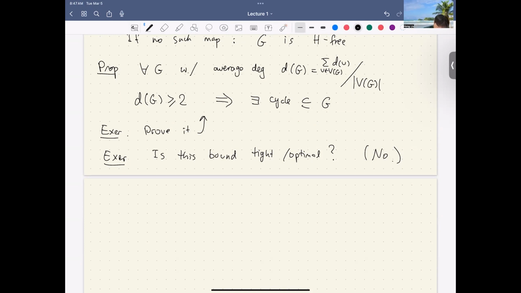So here's a remark: we cannot say anything about this cycle. What do I mean by this? Let's consider this example. We have, say, n vertices, labeled 1, 2, 3.